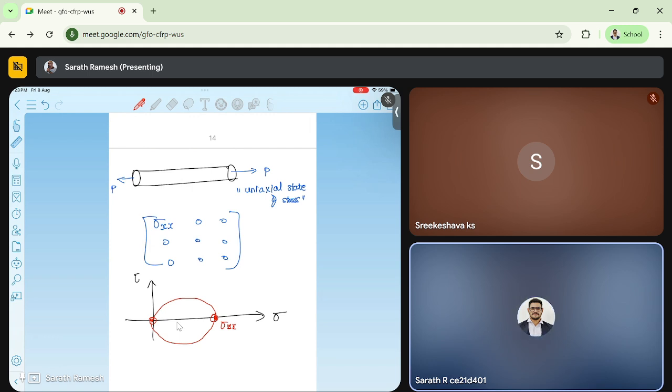Now, how about this point? This is also a stress state, right? This point is representing uniaxial. Every point on the Mohr circle represents some plane, and all are uniaxial states. Let me take this point.